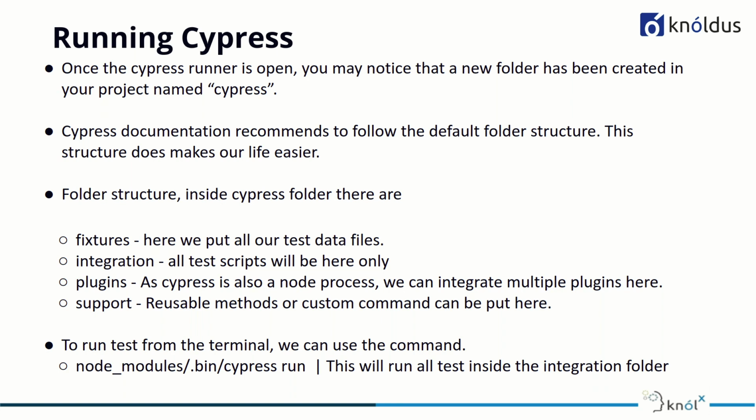Cypress recommends that we follow the default structure that it provides. One may ask why, so let me give you an example. Suppose we are reading test data from an external file. We can simply place that file in the fixtures folder, and call that file by using the cy.fixture method, providing the name of the file as a parameter. We don't have to provide the path to the file.